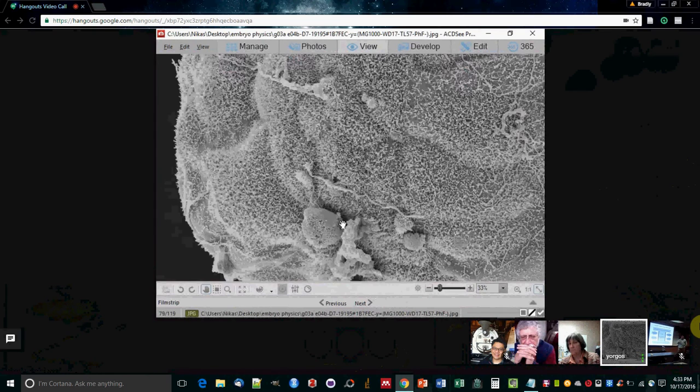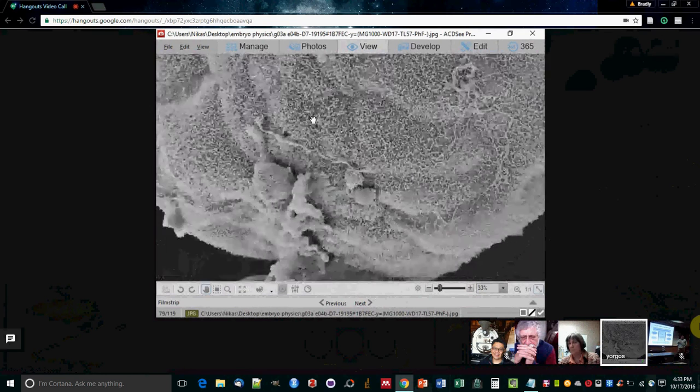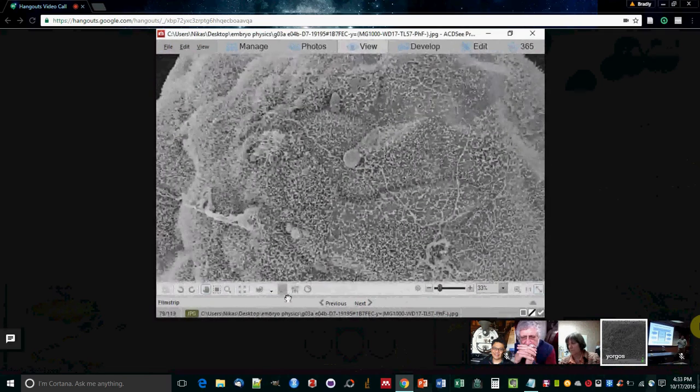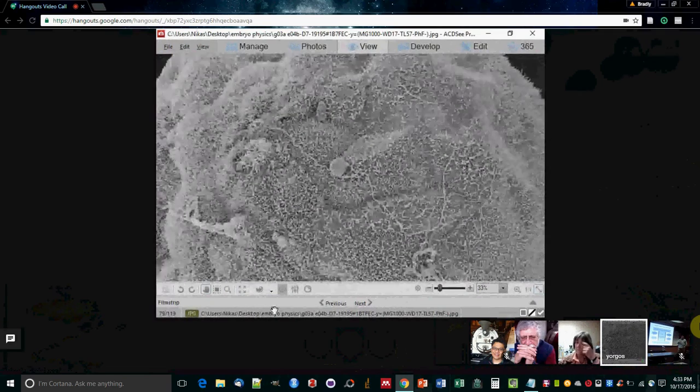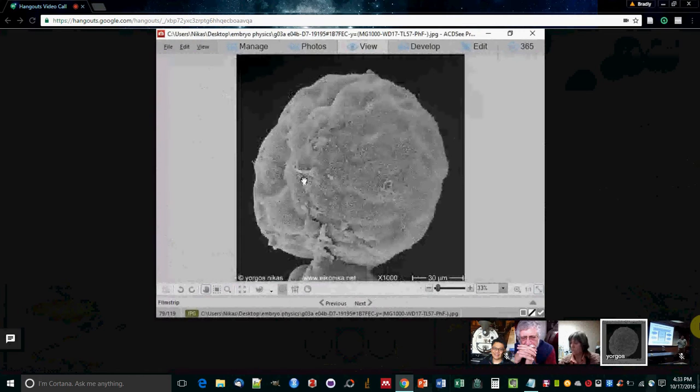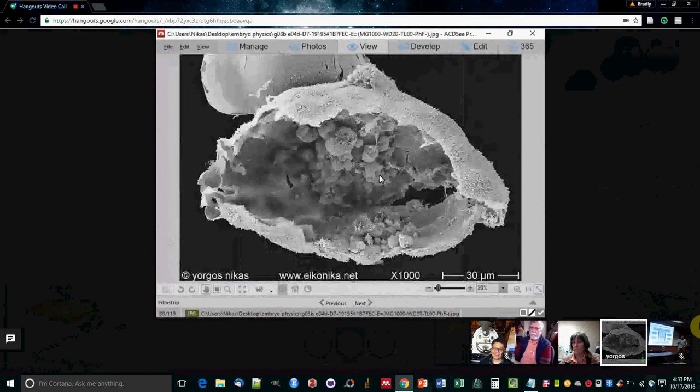There are some specializations here which I will show you later that are important for signaling towards the uterus. But if you crack exactly this embryo, you see inside the inner cell mass is degenerate. You only see fragments and blebs of cells.